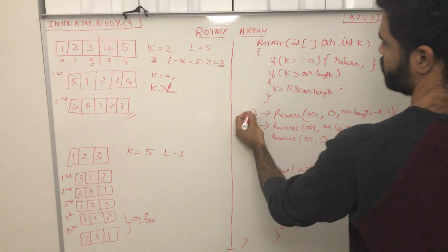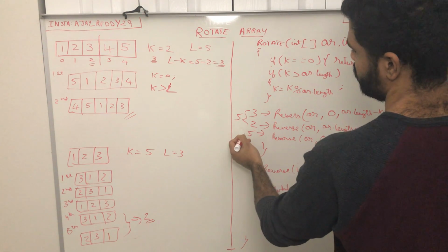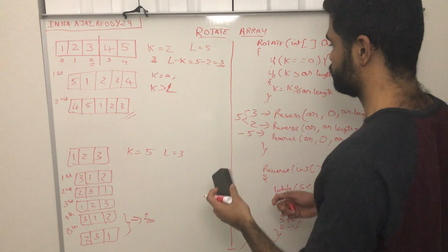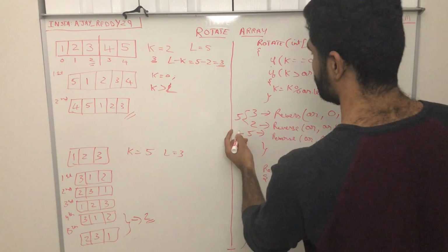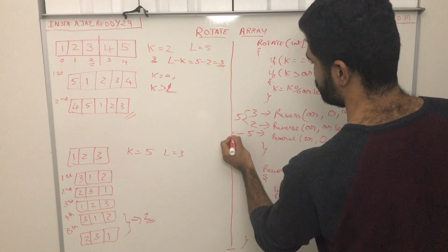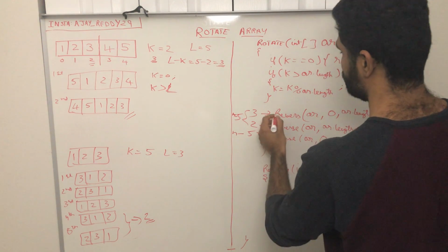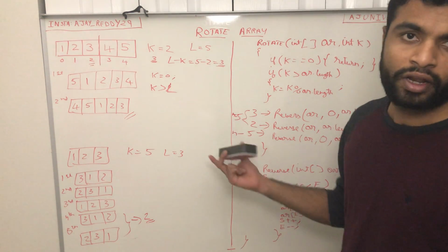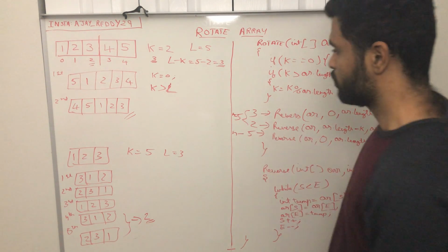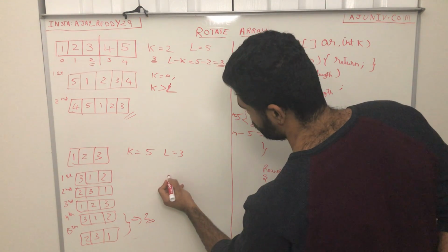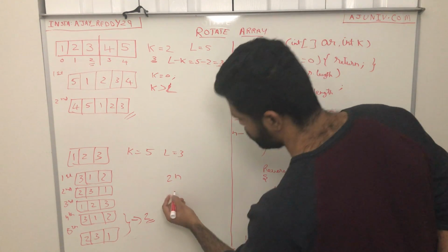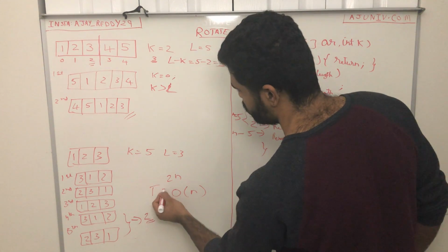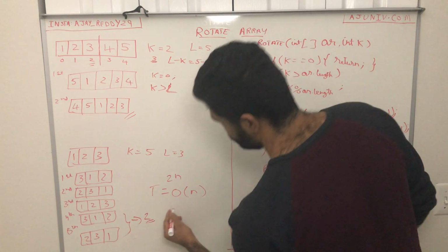So the first two operations together are n and the third operation is n, where n is the length of the array. That would be 2n, which is nothing but big O of n. So time would be big O of n, and let's see the space complexity.